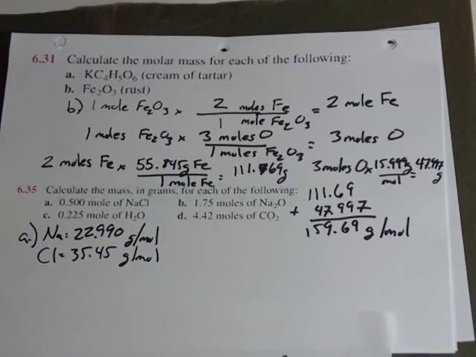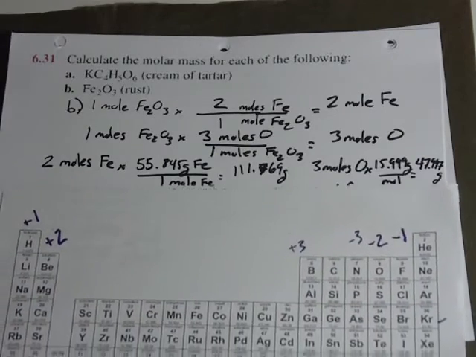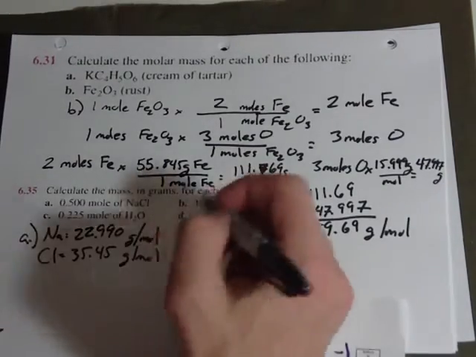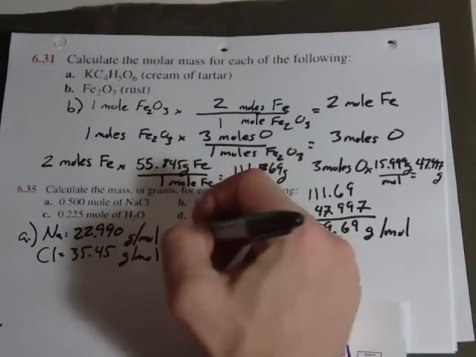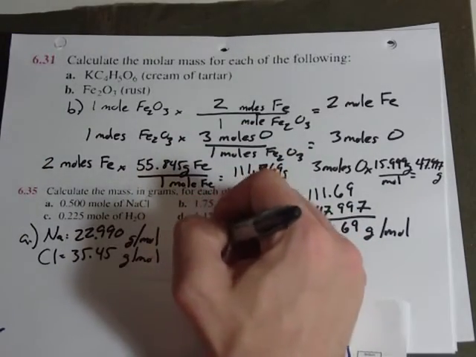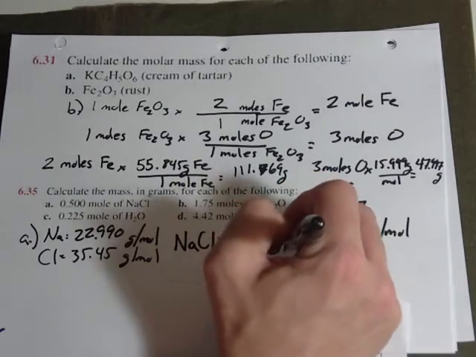There's only 1 of each in the compound, NaCl, and so 1 mole of NaCl would equal 58.44 grams per mole.